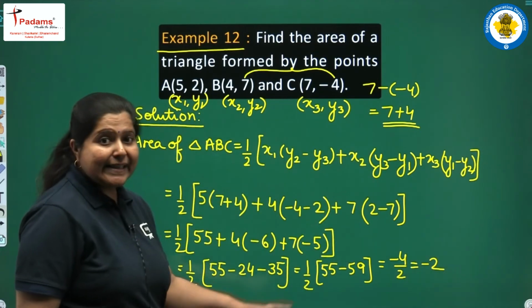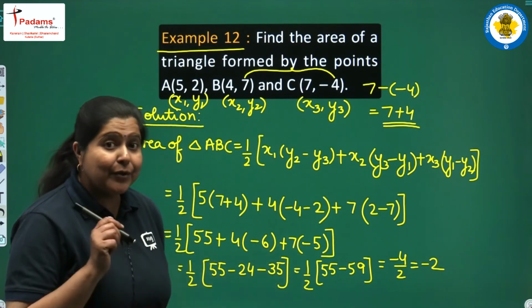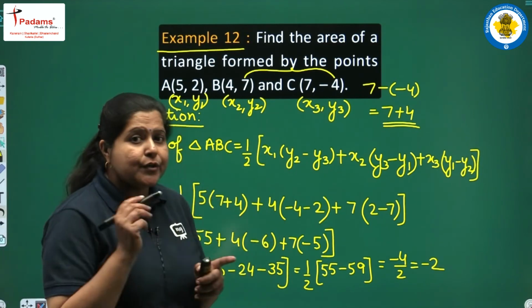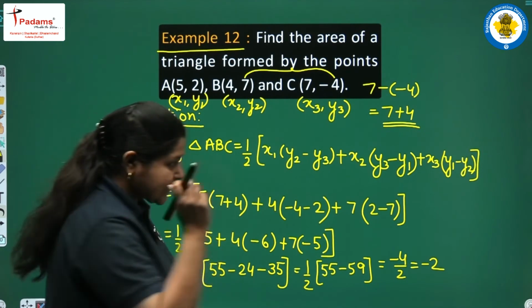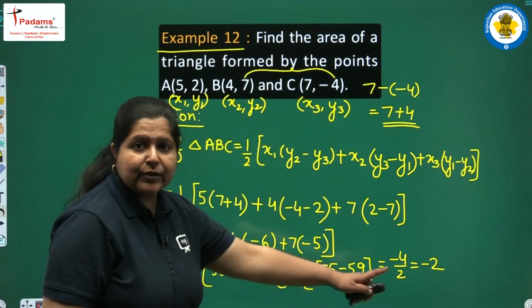Now will the area be -2 square units? No, here we are getting a negative value, so we will ignore this minus sign and we will take only the numerical value. इसका magnitude ही लेंगे और numerical value लेंगे जो कि है 2.